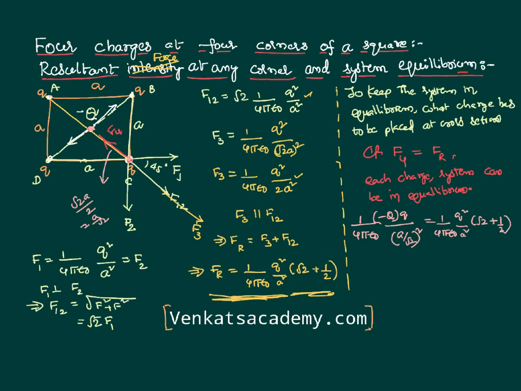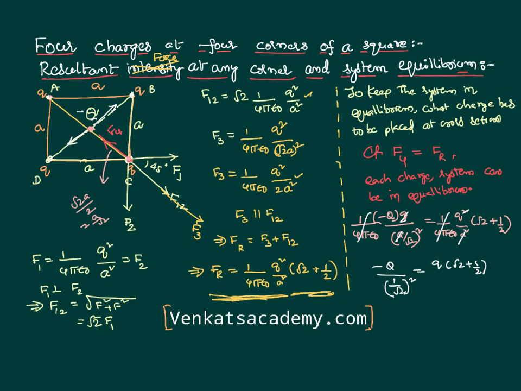So, 1 by 4 pi epsilon naught gets cancelled, a square also gets cancelled, one charge anyway gets cancelled. What is remaining is minus Q by 1 by root 2 whole square equal to q root 2 plus 1 by 2.